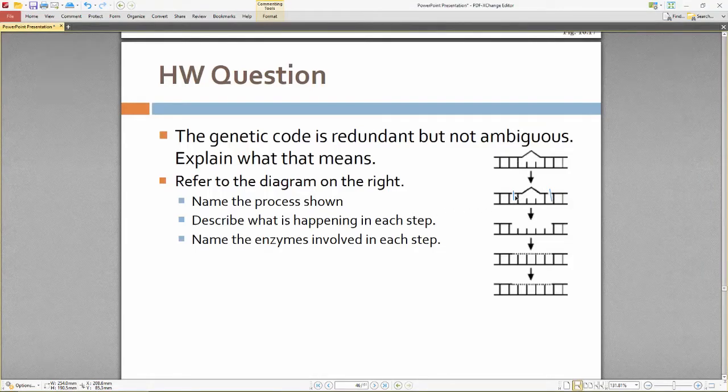There's an error here. So at this point, an endonuclease would come and recognize it, nick the strand before and after, remove it, which is happening in step 3.